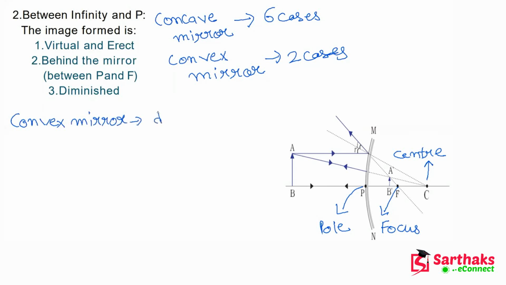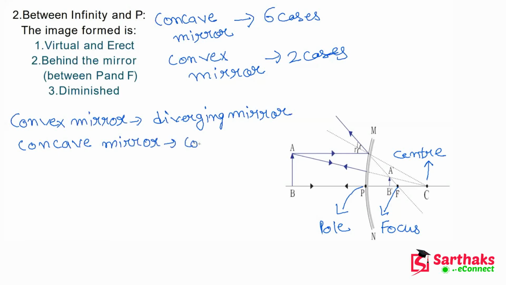Convex mirror is a diverging mirror, and concave mirror is a converging mirror because it converges the rays. If I talk about the convex mirror, then it diverges the rays.